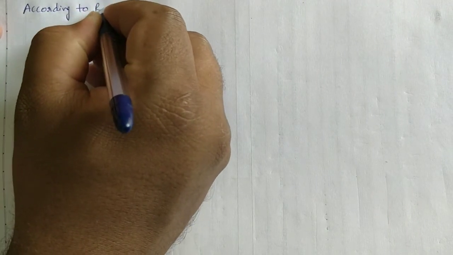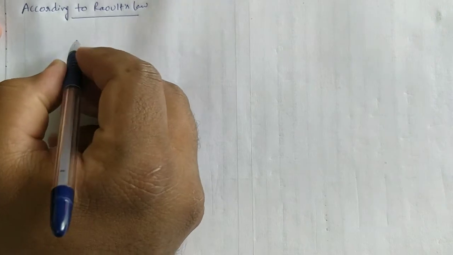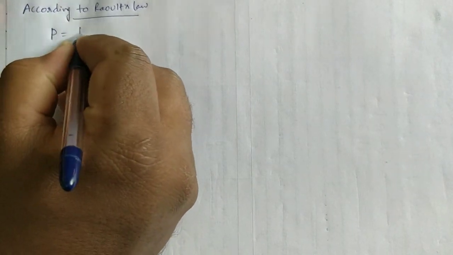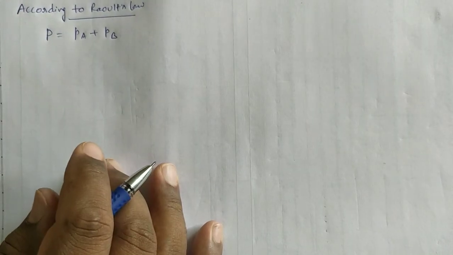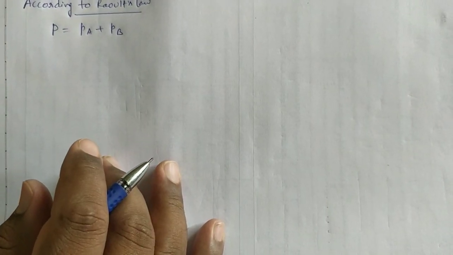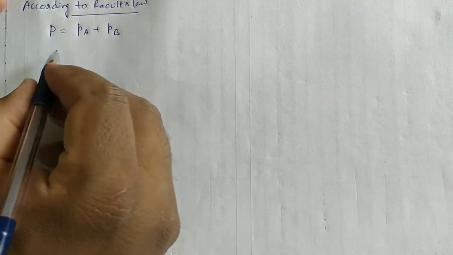Okay, see here. According to Raoult's law, total pressure P is equal to PA plus PB.